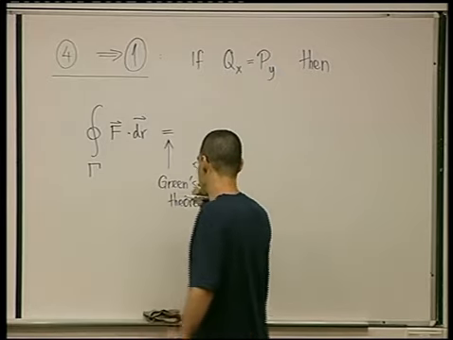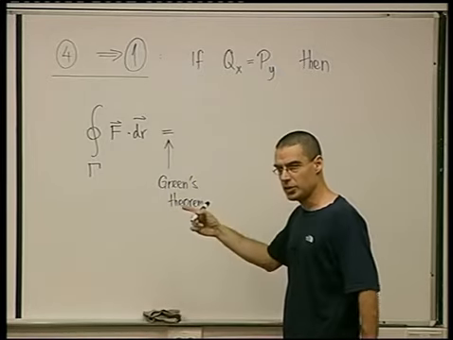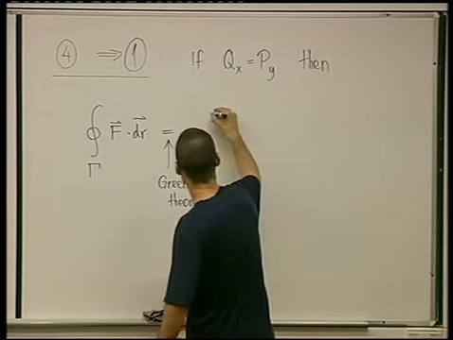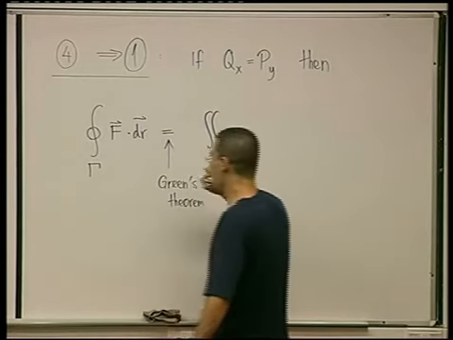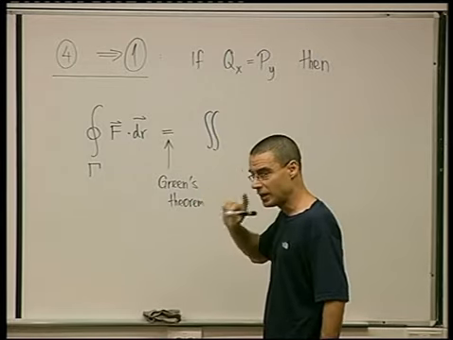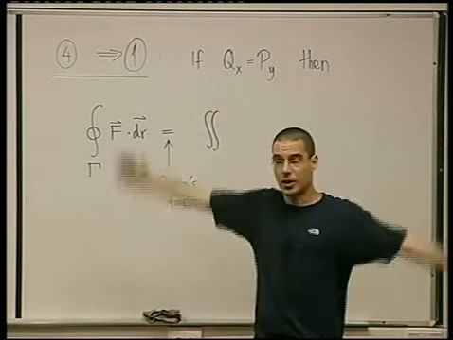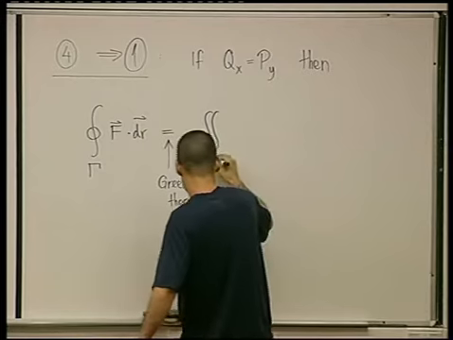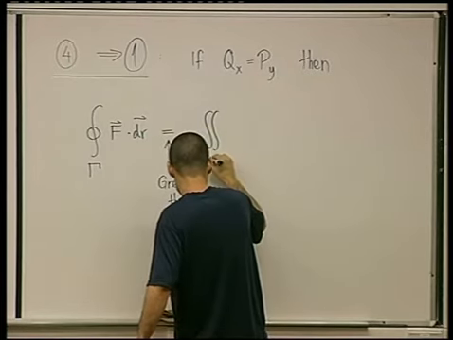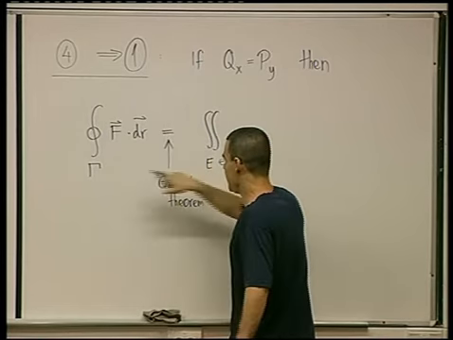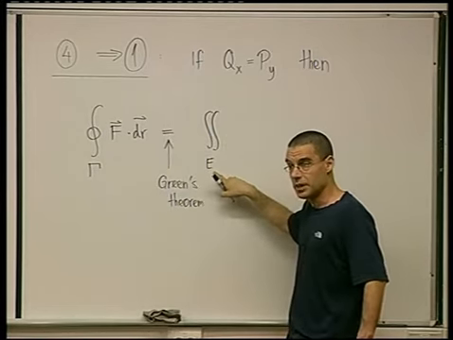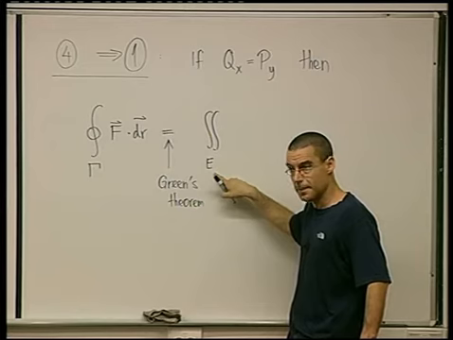What was Green's theorem? It said, okay, the line integral over gamma equals the double integral over some domain. I'm not going to call it D, because D is the entire domain that we're considering here. Let's call it E, where gamma is the boundary of E, right? That's how they were related.